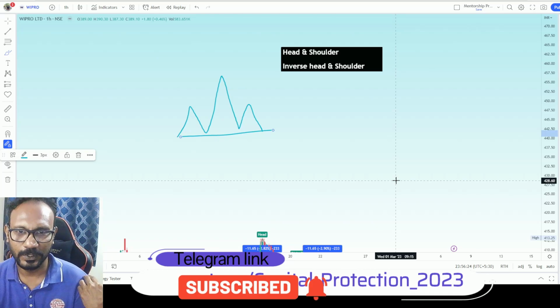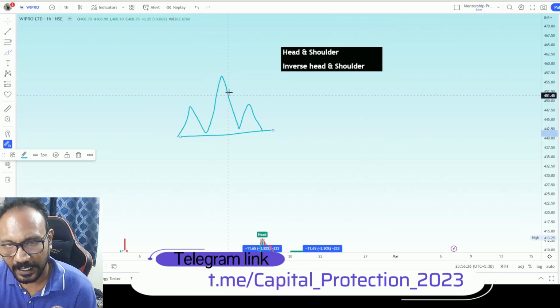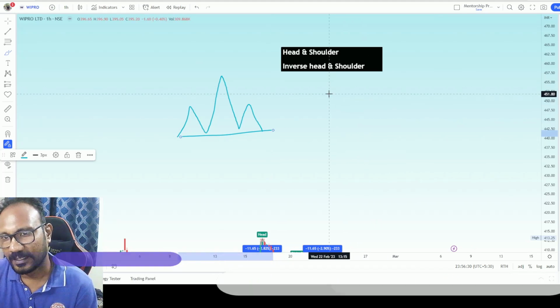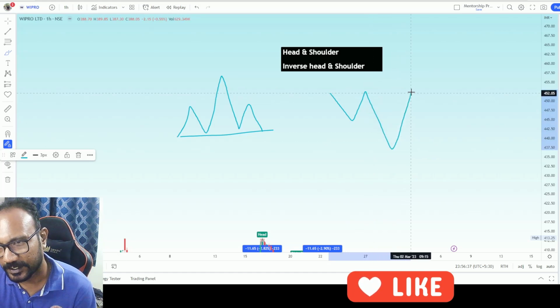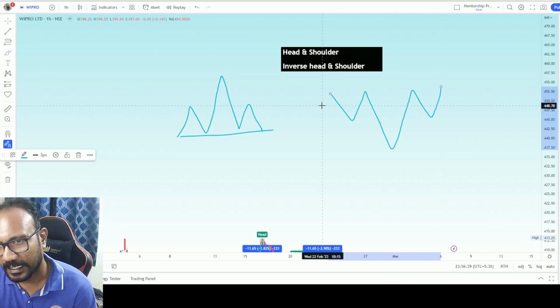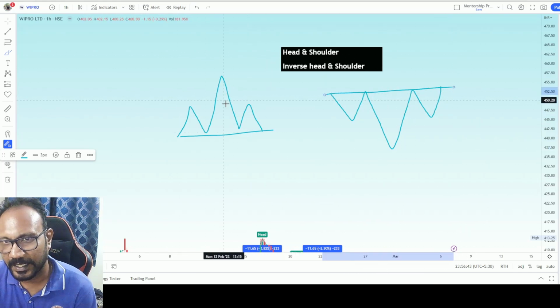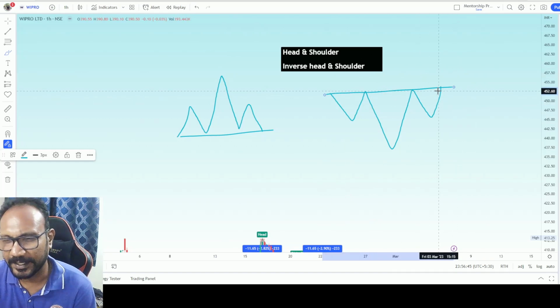Just like our two shoulders, the head is always higher than the shoulders. So pretty simple, isn't it? Similarly, we have an inverse head and shoulders where it looks like a V, an elongated V and then another V, and then you connect these lines together. So this is the head and shoulders pattern and this is the inverse head and shoulders pattern.